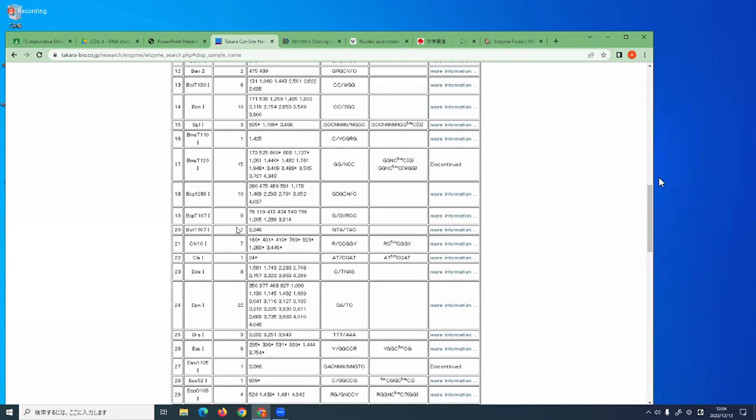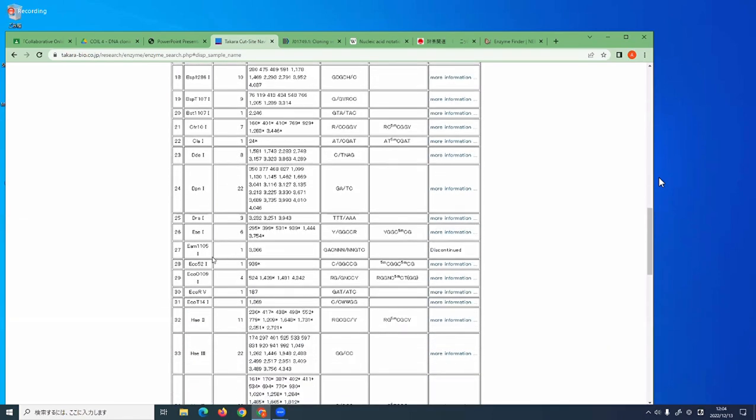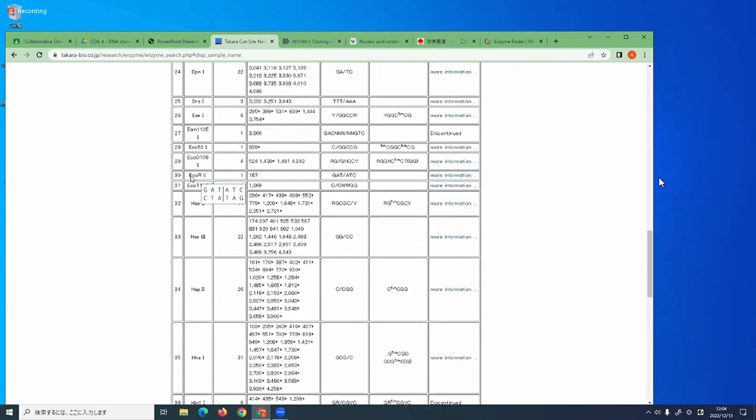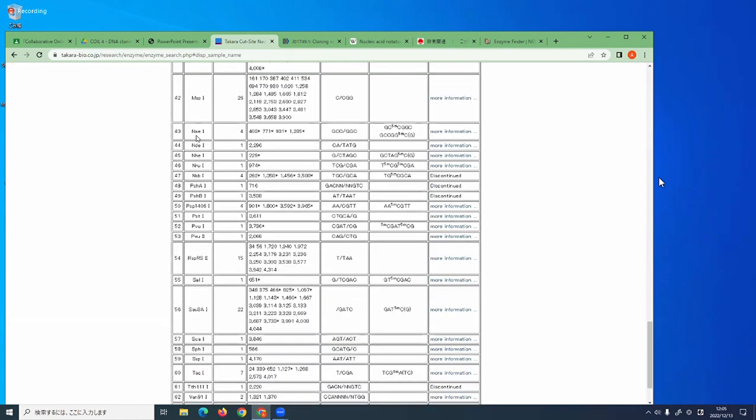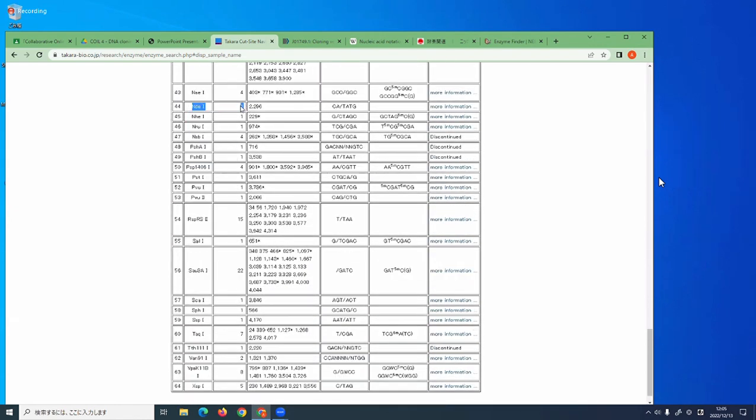Let's look at what else we have, like EAM1105. I don't know this. EcoR5 is something very common. We can use that, right? HAE also is common, but there are 11 sites, so it's not very useful. And then we have NDE1 over here, which is also quite useful, right?